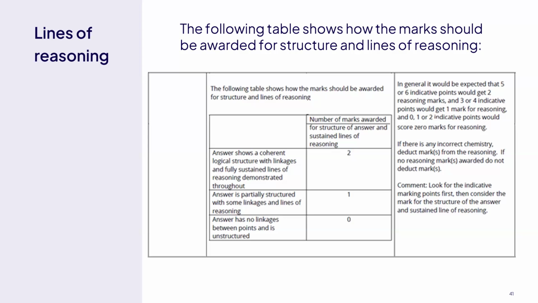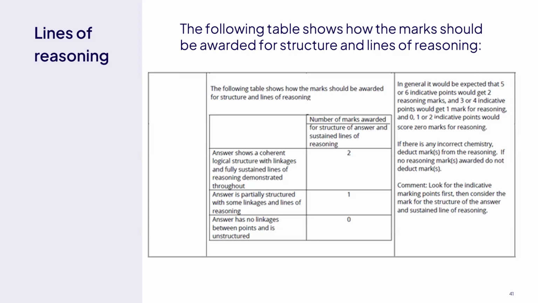It's only usually that they'll get 2 marks if they've got 5 or 6 indicative points. It's unlikely to get 2 marks if they've only got 3 or 4 indicative points. They usually will only get 1 mark for reasoning. If they've got 0, 1, or 2, they're likely to score 0 marks for reasoning.